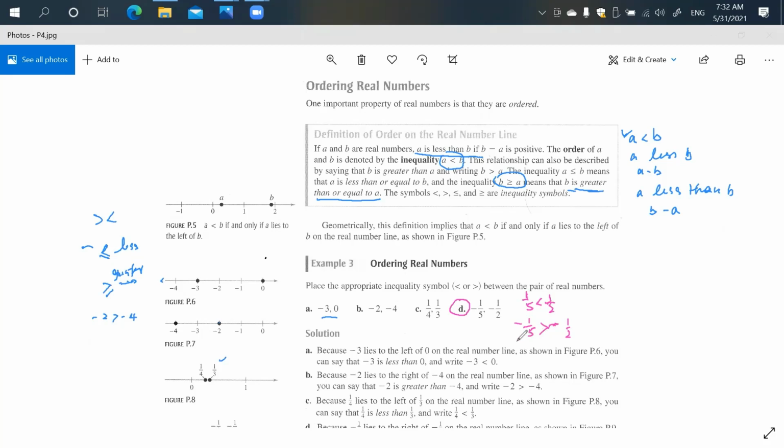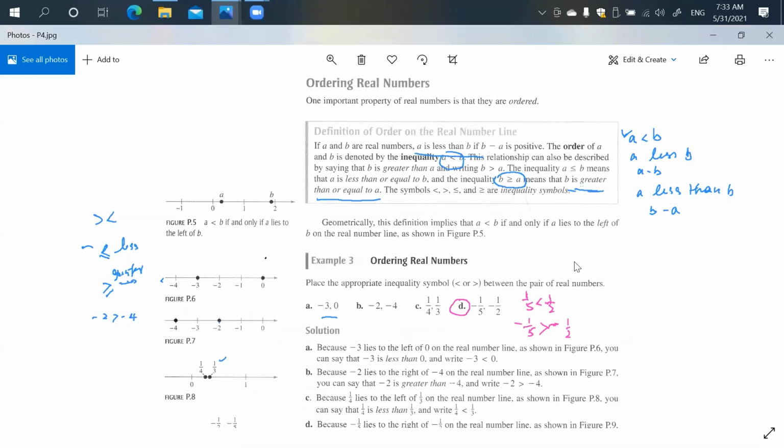When you plot the graph on the number line, it's the same thing. Maybe I can move to the next picture. See the top here.